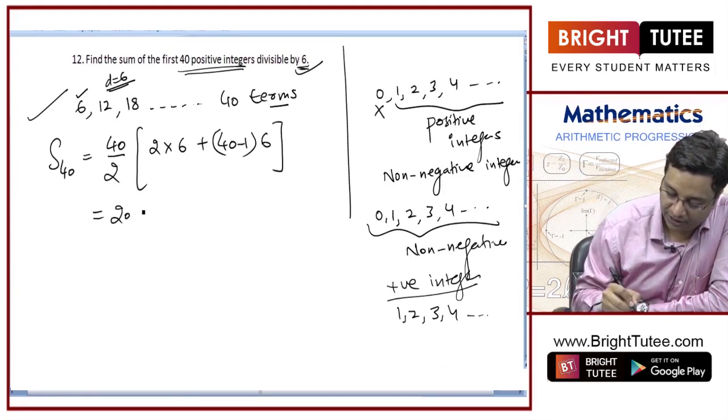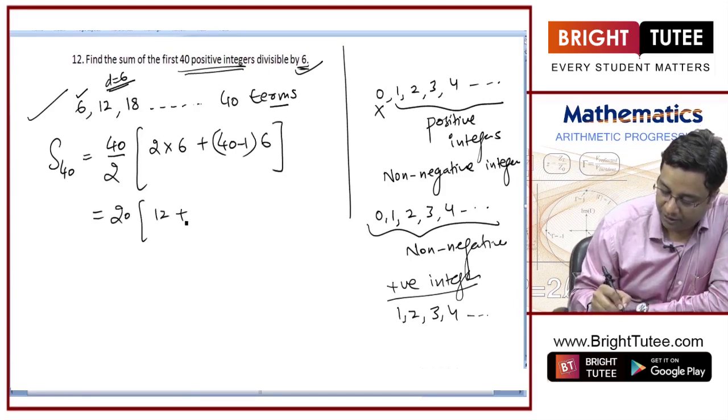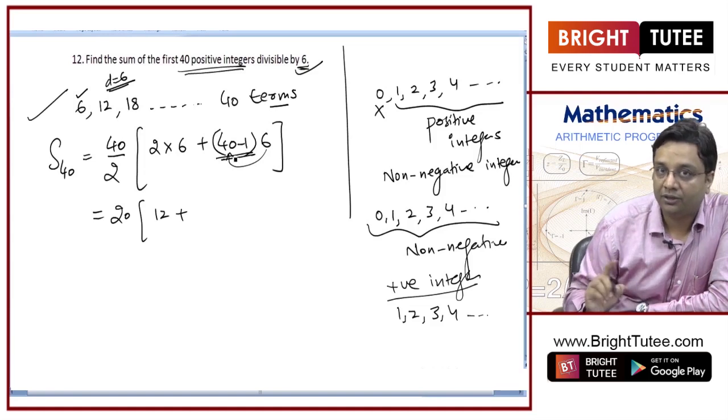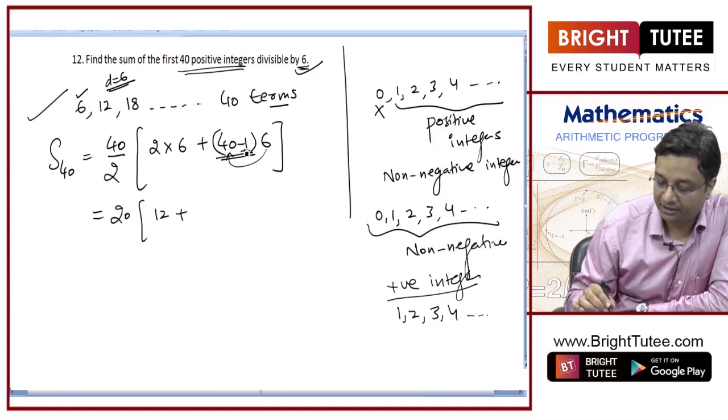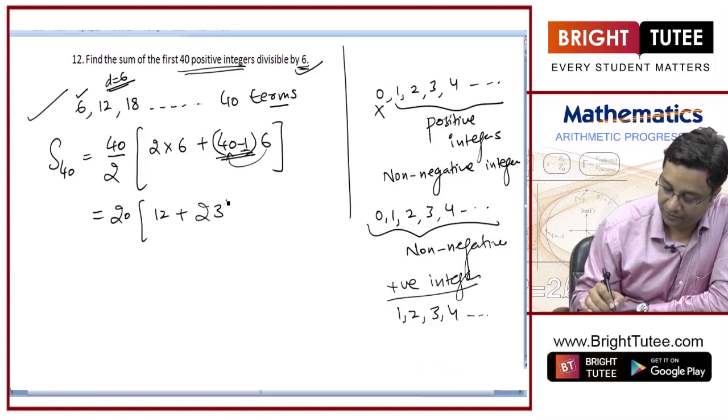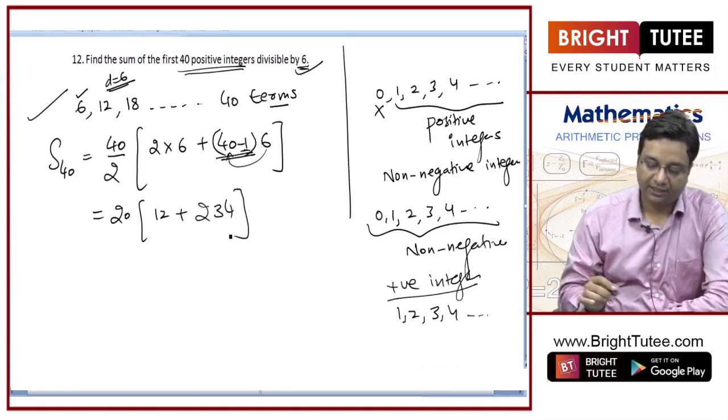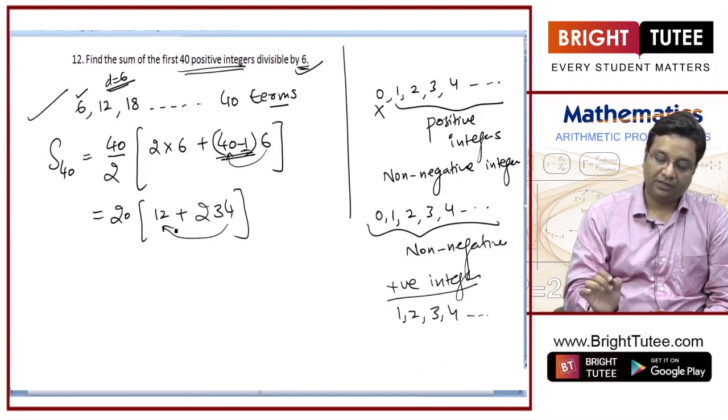So it is equal to 20 into 12 plus this is 39 into 6, or you can multiply it by 40, so it will give you 240 minus 6, so it will give you 234, right?